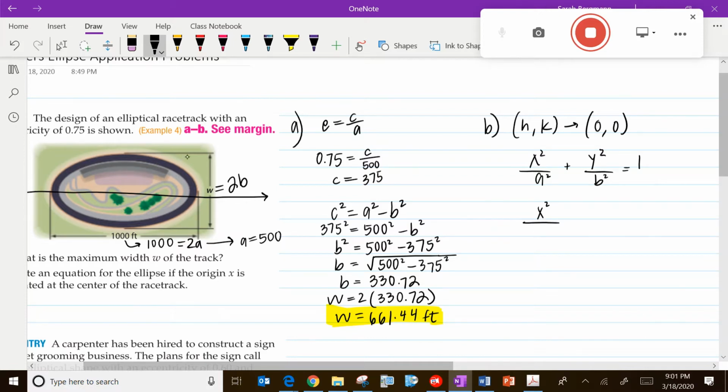So you get x squared over 500 squared plus y squared over 330.72 squared equals 1. Now simplify this.